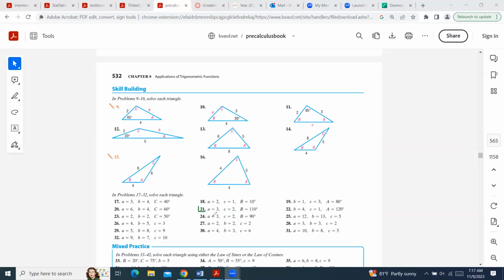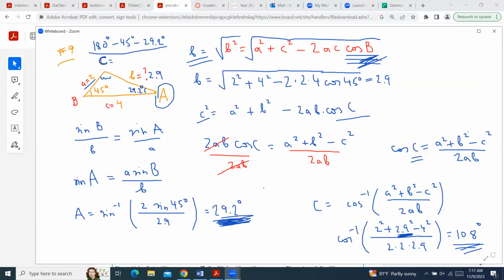So it turns out that this is all one big story of utilizing the law of sines or cosines in order to find all sides and all angles of a triangle, which is called solving the triangle.